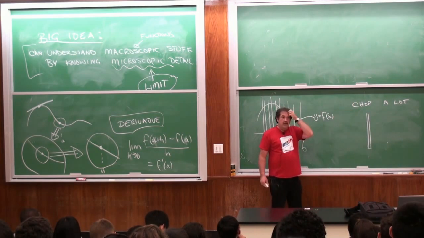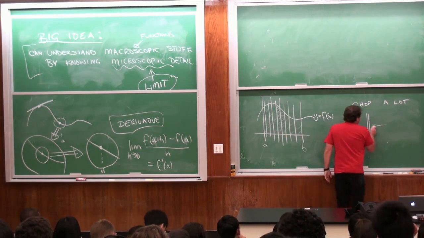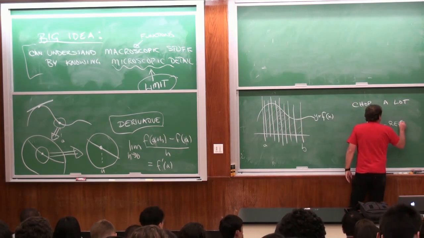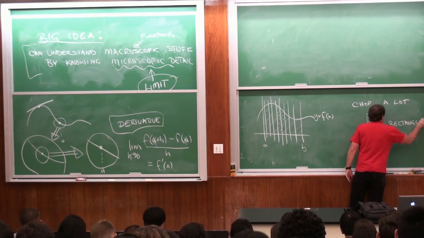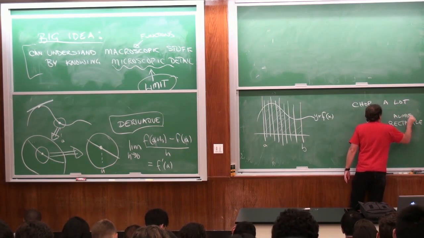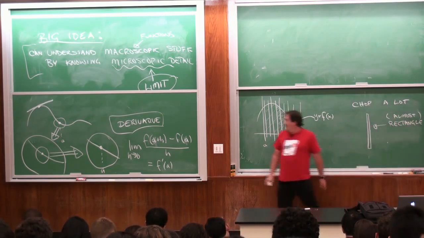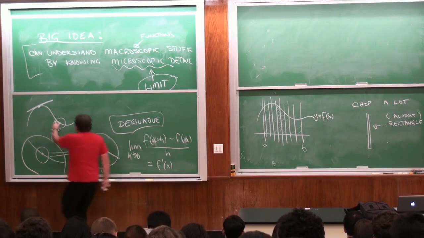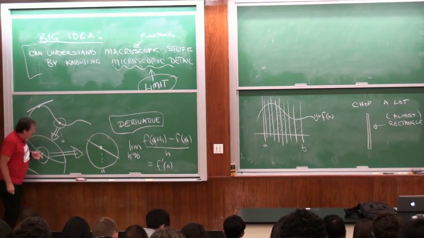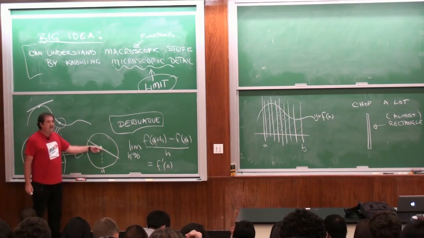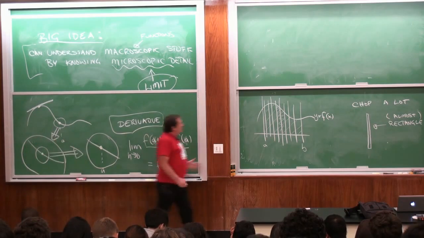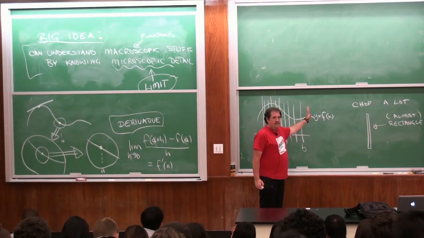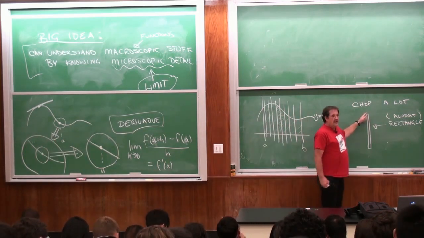Maybe you guys in the front can. So this is a rectangle. Just like in this case, this bit that's curvy, if I zoom in enough, it looks pretty straight. Here, if I chop it tiny enough, it looks like a rectangle.